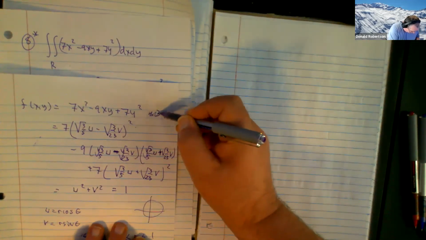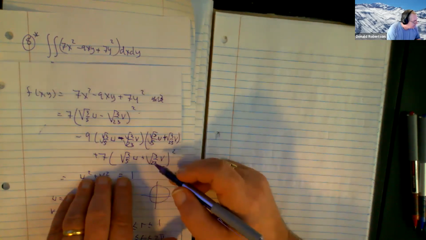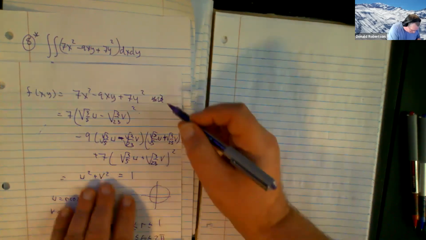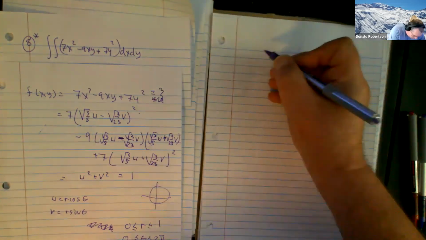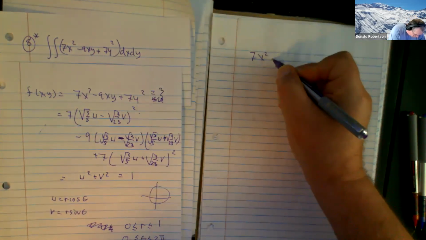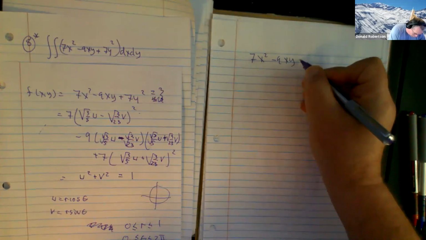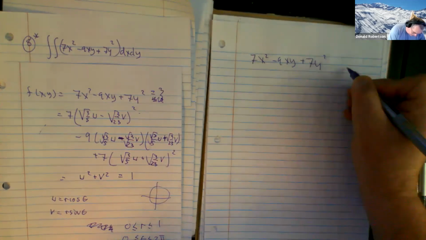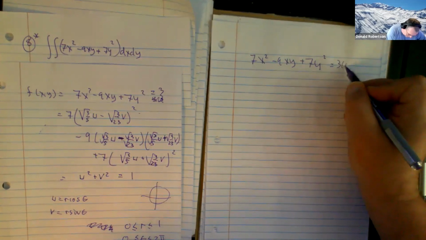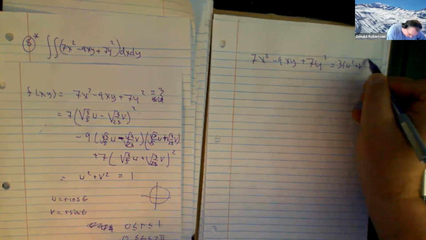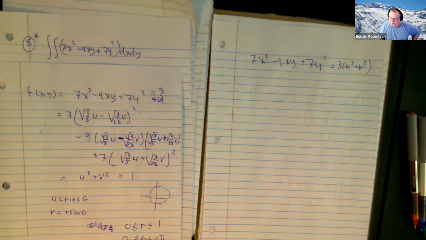Oh, I've got this guy here. Well, I'll put it back in. If you find out what that looks like in terms of u and v, can you trust me? They tell me it's that. I'll take their word for it.